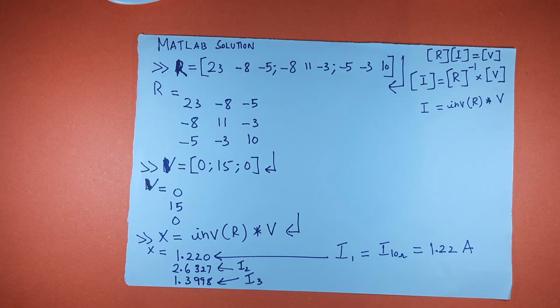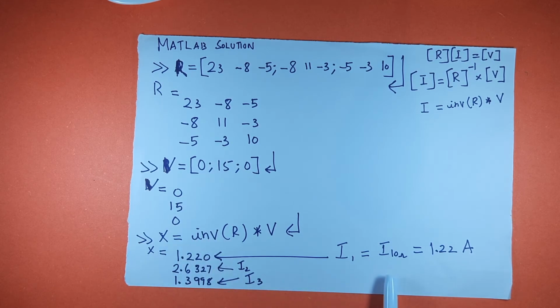X is equal to 1.22, 2.6327, 1.3998. In that, the first is I1, the second one is I2, the third one is I3. So we want only I1.